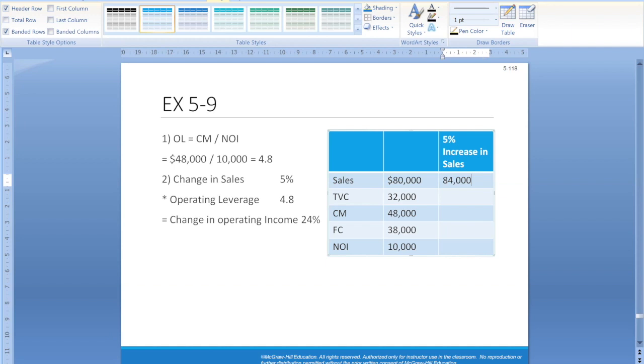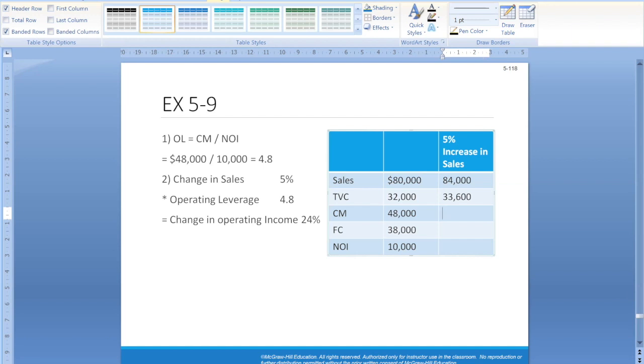So the new amount for the sales will be $84,000, which is 80,000 plus 80,000 times 5%, which is 1.05. The variable cost will also increase by 5%. So 32,000 times 1.05 equals 33,600.